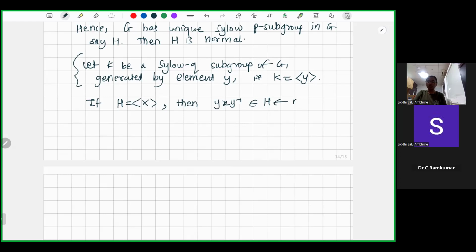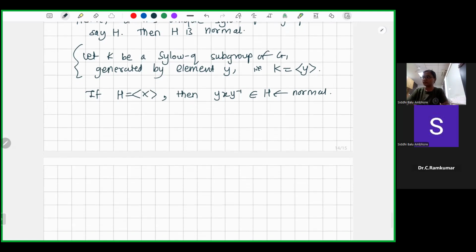Because H is normal. And this implies Y X Y inverse is some X power r for some 1 less than or equal to r less than or equal to P minus 1, right?